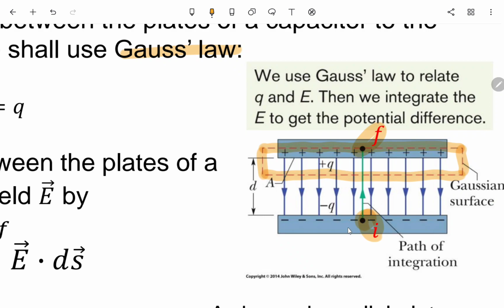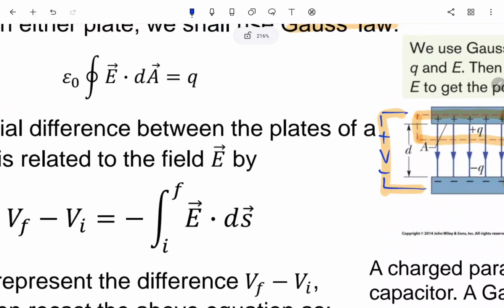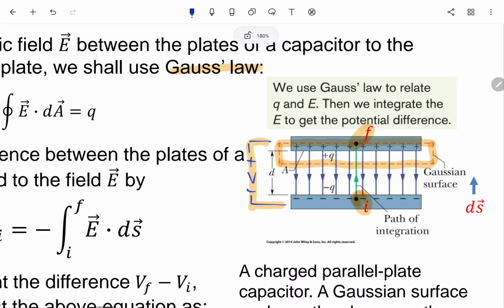Which means that we have a potential difference. The potential difference here will be V, the potential difference between the positive plate and the negative plate. Okay, in this way, we define a path from the initial point to the final point.